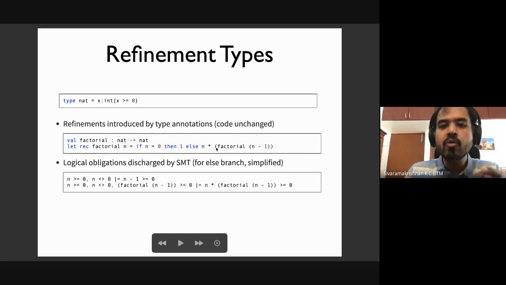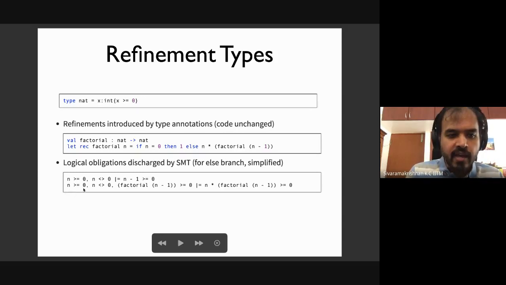So now what do I need to prove? I need to prove that this whole term is also a natural number, because that is the proof obligation that I have here. What are the facts that I know?